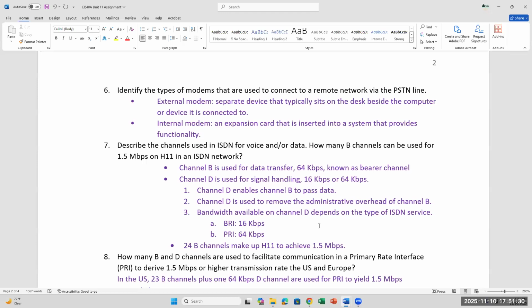There will be questions on the most recent technology, and questions on legacy or older technology. And you must know ISDN because ISDN was the main type of communication for, I want to say, the early 2000s.